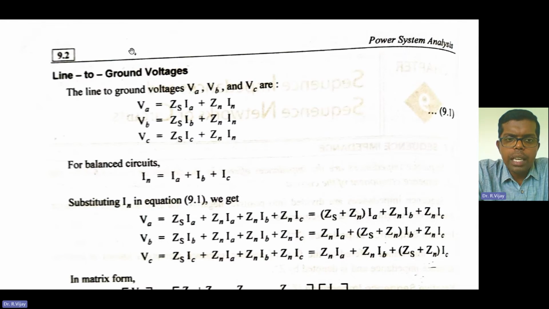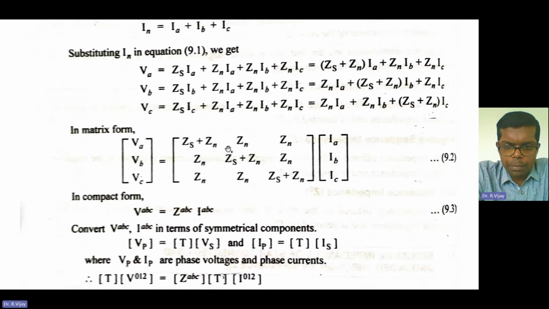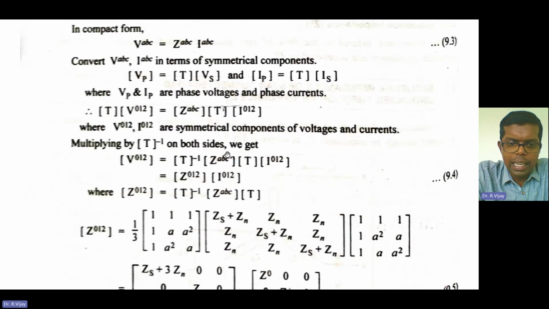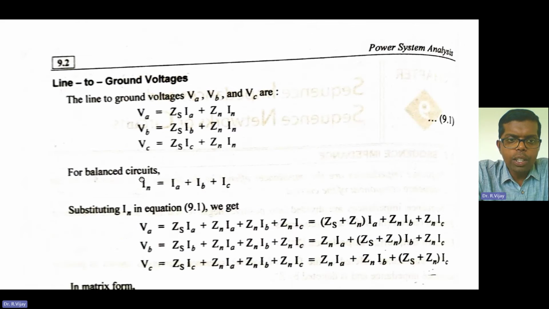Now we are going to derive the impedance in terms of positive, negative, and zero sequence impedance. Here we are taking the line to ground voltages VA, VB, and VC.